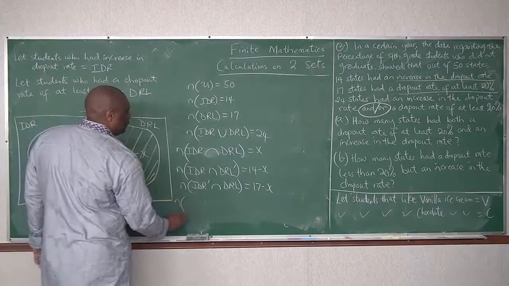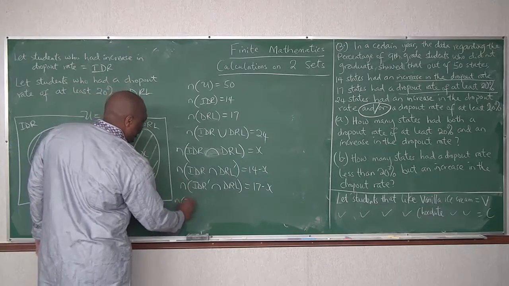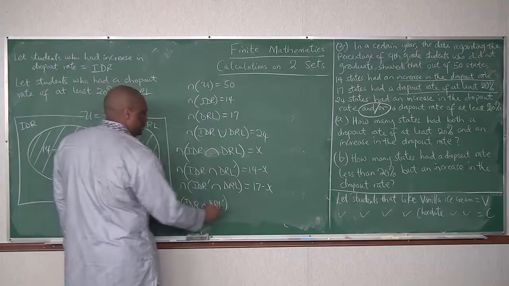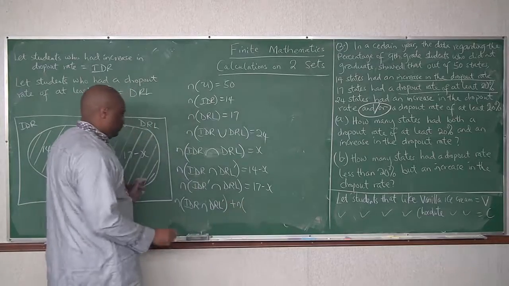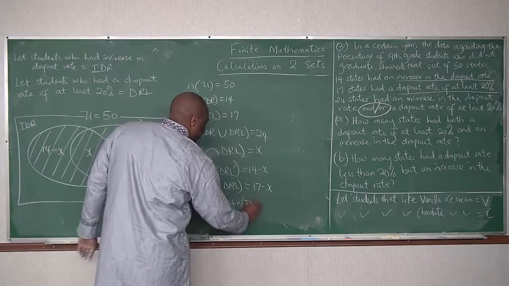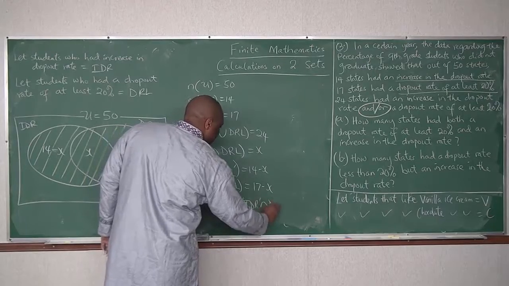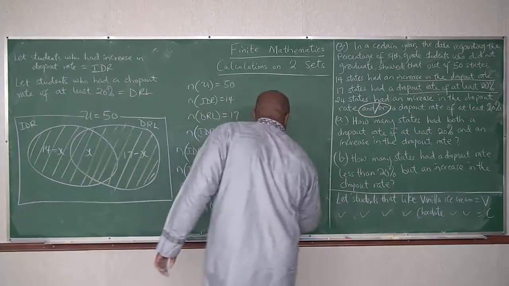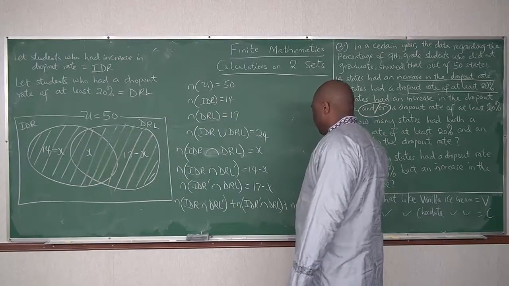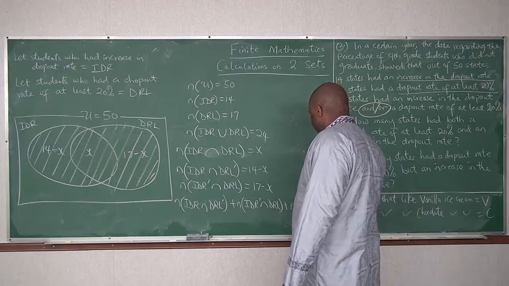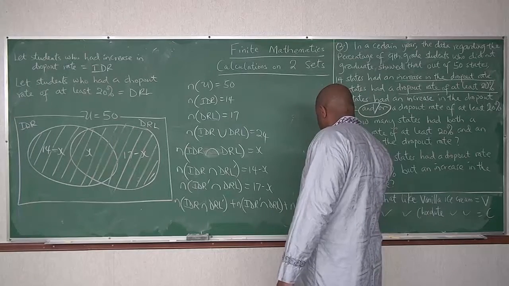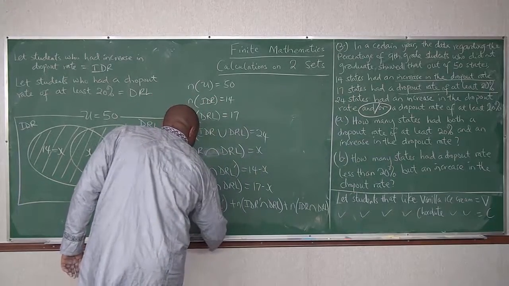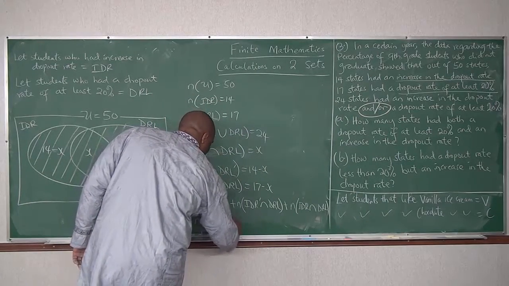So we see that cardinality of IDR intersect DRL prime, that is only IDR, plus cardinality of IDR prime intersect DRL, that is only DRL, plus both, plus cardinality of IDR intersect DRL will give us the cardinality of IDR union DRL.